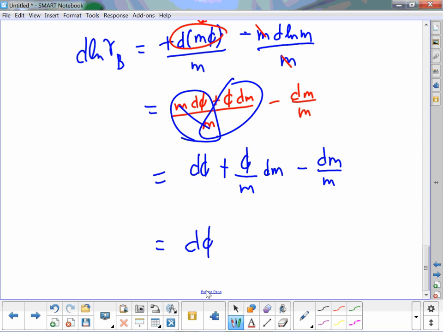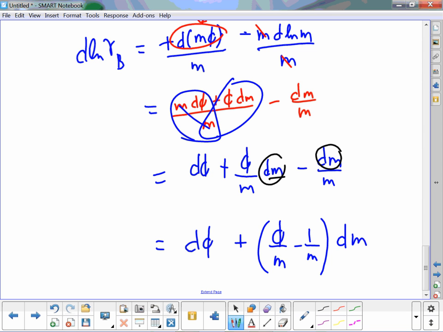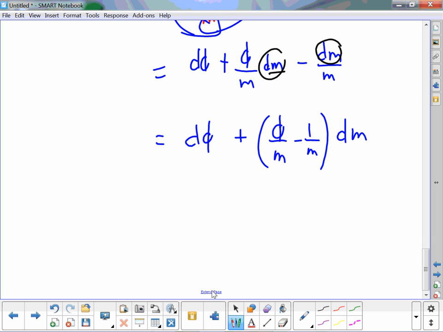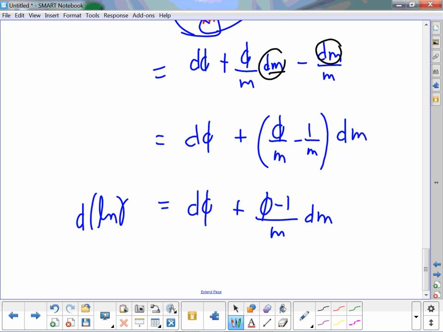I can combine the two dm's, okay? So d phi plus phi over M minus 1 over M dm, which can simplify further into d phi plus phi minus 1 over M dm. So that is your d of ln gamma B.